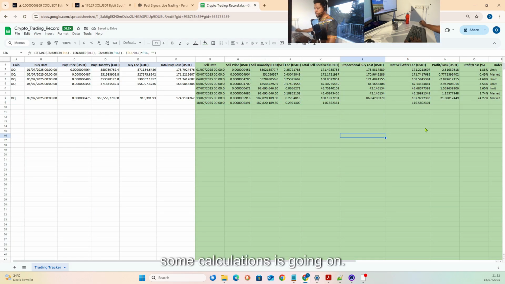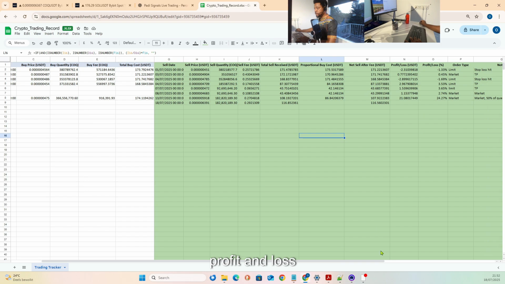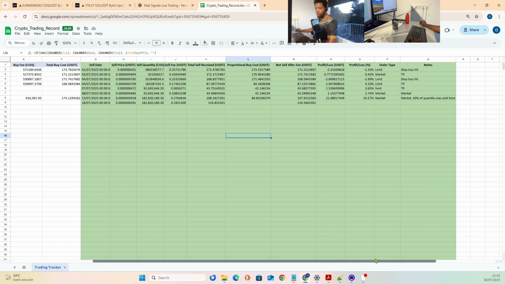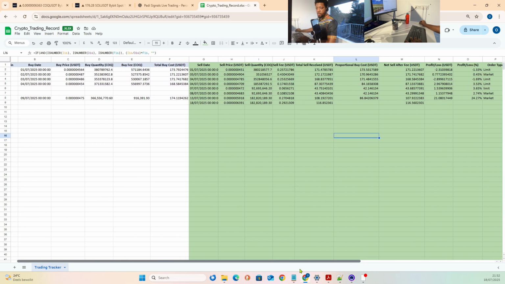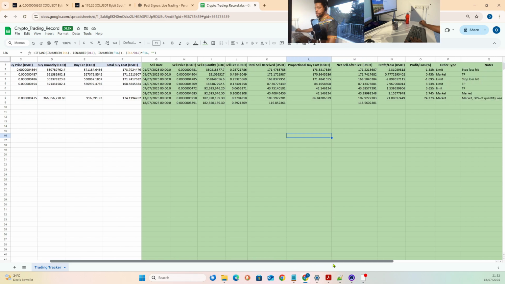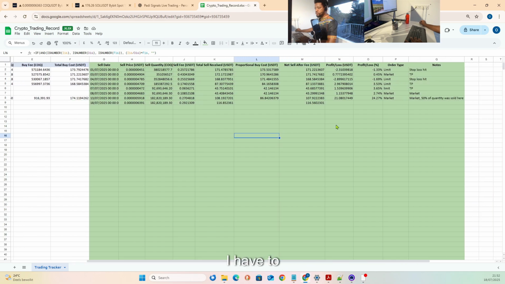You can see some calculations is going on. Proportional by cost, I'm not going to calculate that one. Profit and loss. Okay. Yes. So anyway, because it's two orders in one, it needs to calculate it properly.